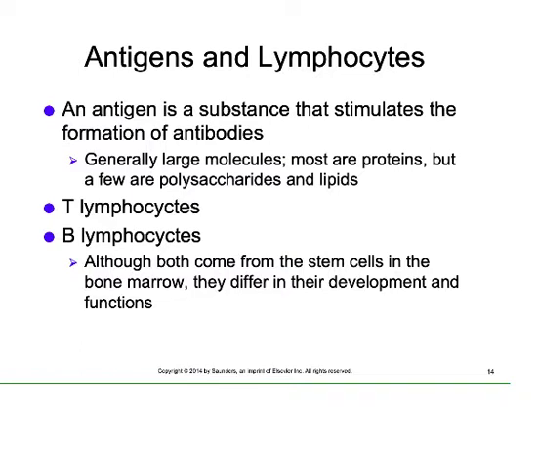Okay, and as long as we have the ability to produce a T cell that recognizes this collection of molecules, then we can generate a team of T cells that can go out and kill anything that that antigen is attached to.